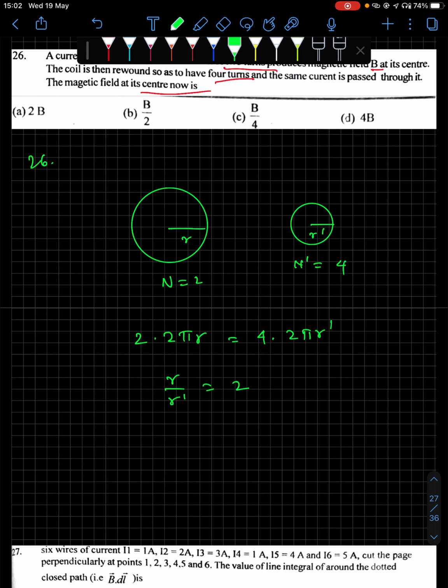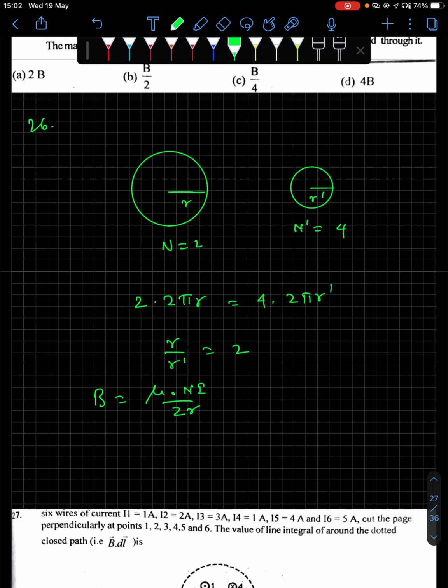Now we have the relation for magnetic field at the center of a coil, including the number of turns, right? In general, the relation was mu naught I by twice r. So when you have n number of turns, it is mu naught nI by twice r. You are finding the magnetic field in the second case. So here you can write B is proportional to n by r, because the current is the same, right? Current I is constant, and mu naught and 2 are constant.